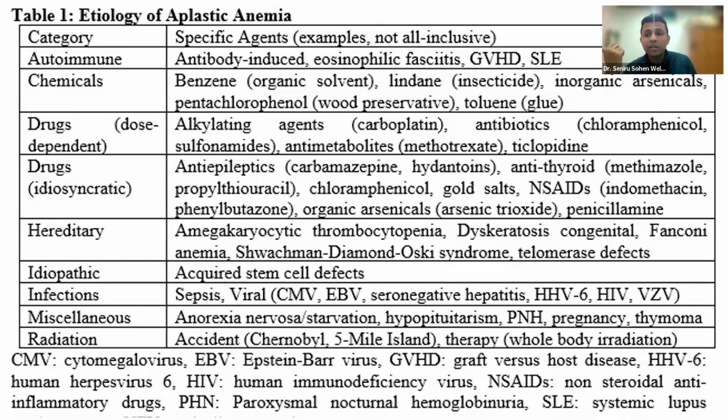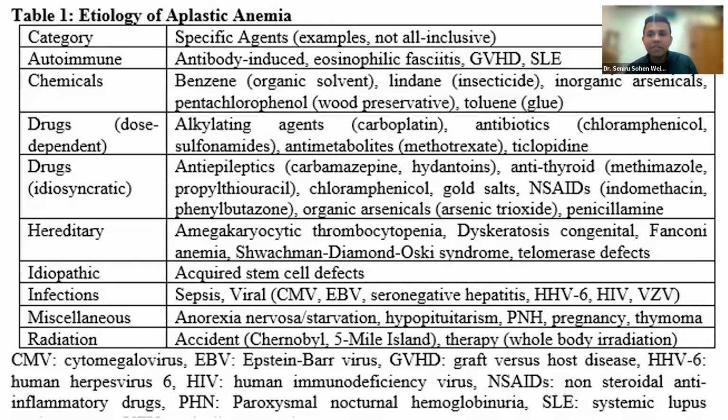Idiopathic could be due to acquired stem cell defects, and infections are an important cause of aplastic anemia, especially viral infections like CMV, EBV, HIV, and the category of viruses known as seronegative hepatitis or non-A to G hepatitis. That is, the hepatitis viruses that usually cause viral hepatitis, A, B, C, D, E, F, G, are not the causes.